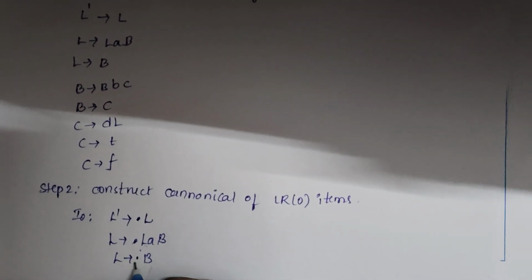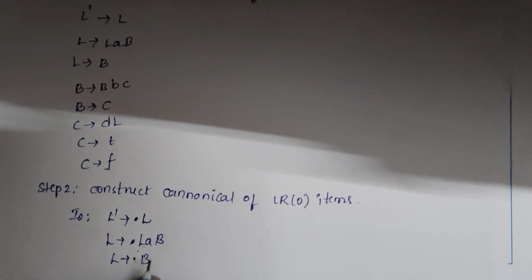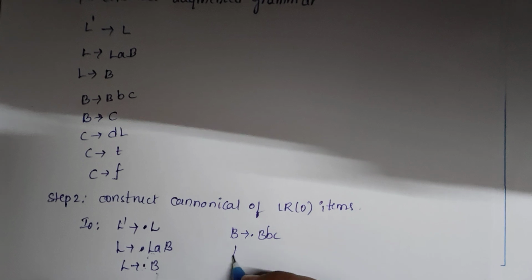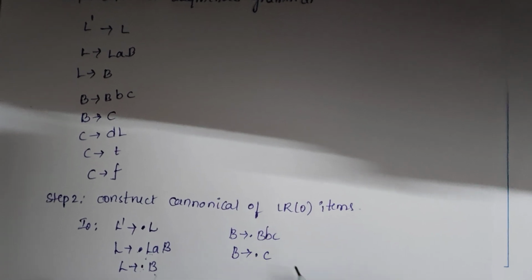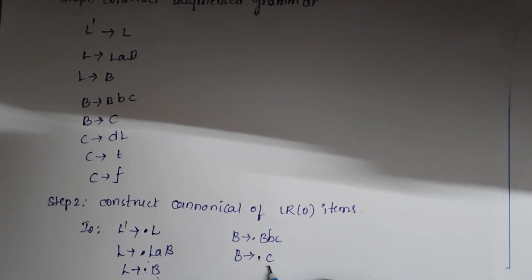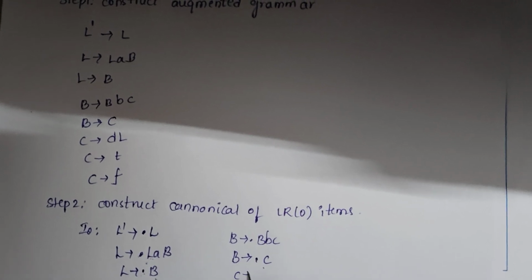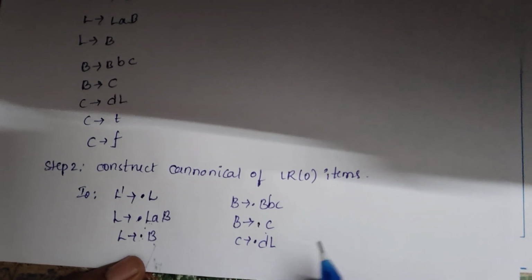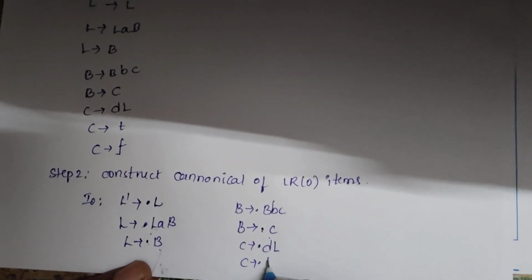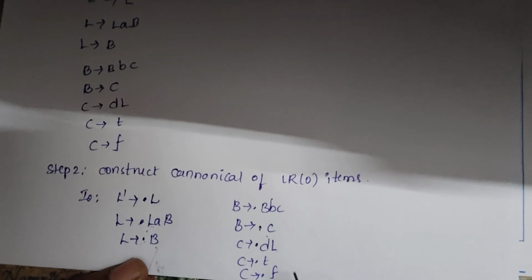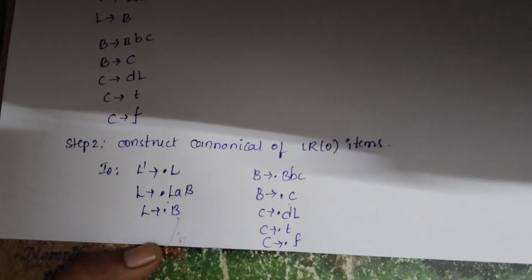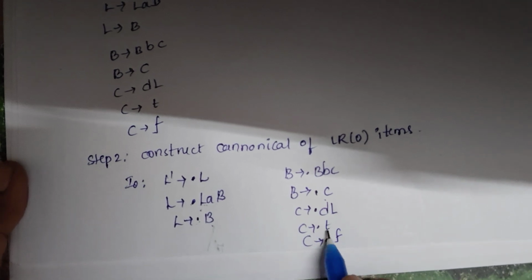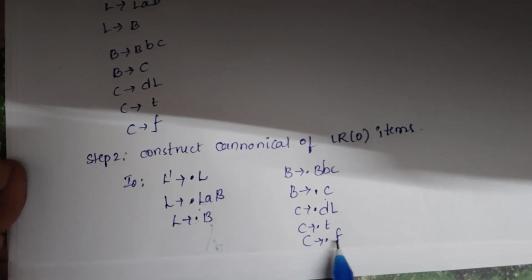Next the dot is before non-terminal B, so write all the B predictions: B produces dot B C, B produces dot C. Again the dot is before the non-terminal C, so write the C predictions, just keeping the dot before them: C produces dot D L, C produces dot T, C produces dot F. Now I0 is completed, since the dot is now before terminals.